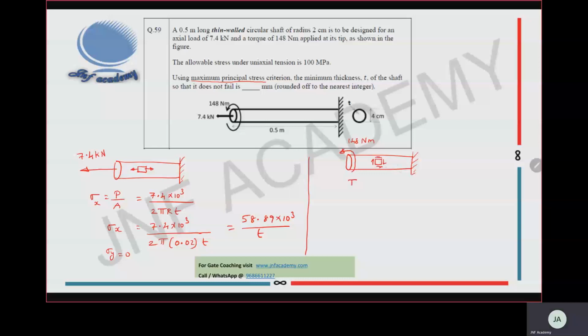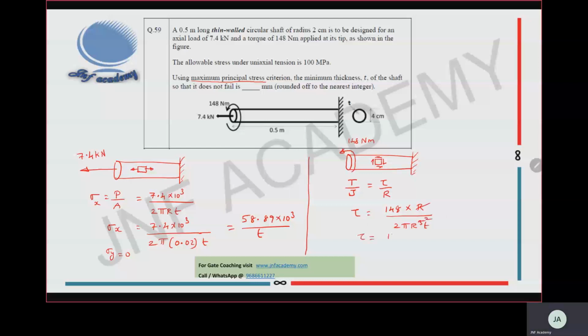Then we can use the torsion formula, T by J is equal to tau by R. My aim is to determine the tau value. 148 is the torque into R. The polar moment of inertia of a thin-walled circular shaft is 2 pi R cube T. Now I can cancel one R from this.